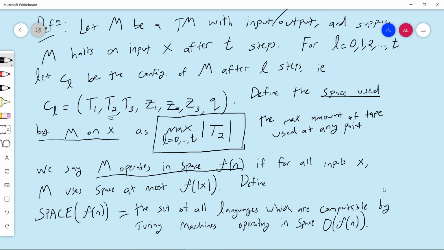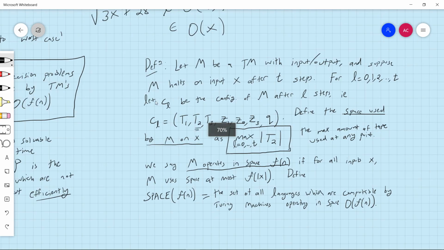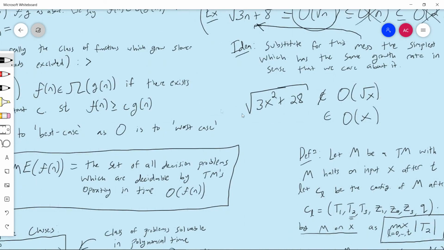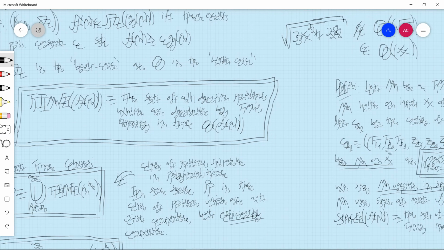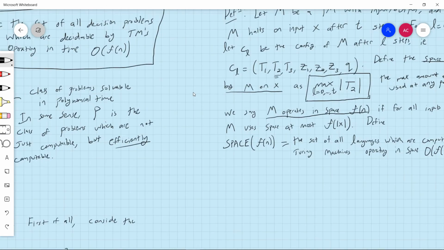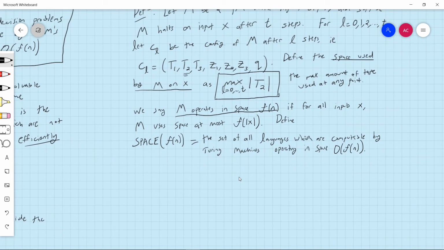So it's exactly as it is for the time class, remember. Time f of n is the set of all decision problems which are decidable by Turing machines operating in time O of f of n. Space is the exact same thing, but for space.